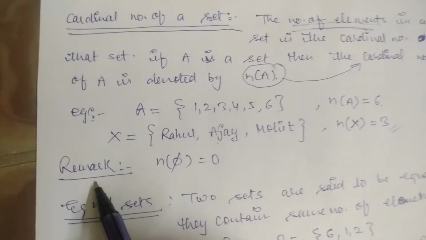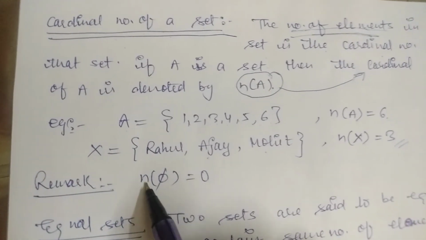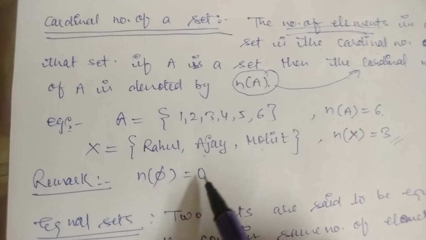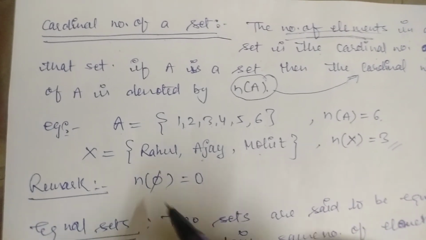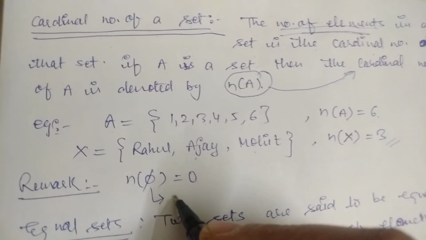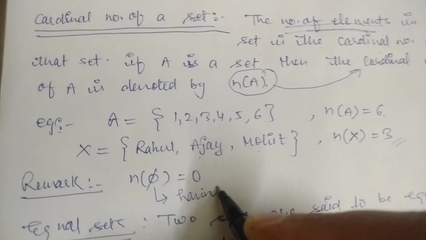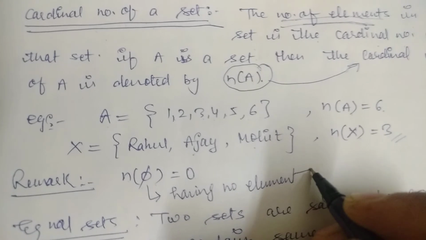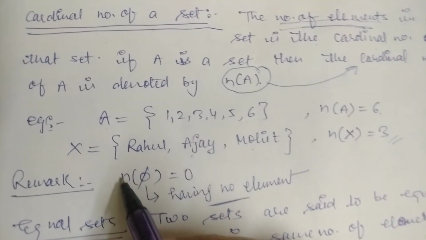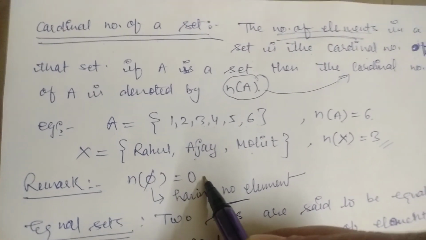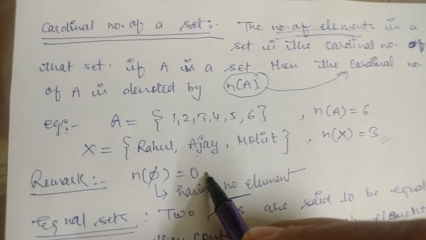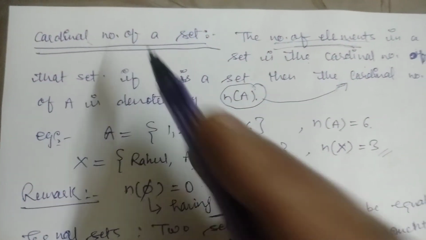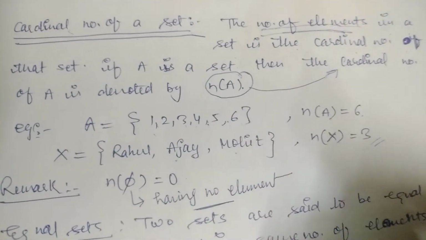Now there is a remark that the cardinal number of the null set is 0, because the null set is the set having no element. So since there is no element, its cardinal number is 0. So for finding the cardinal number, we just count the number of elements in any set.